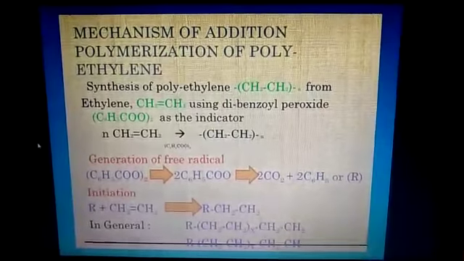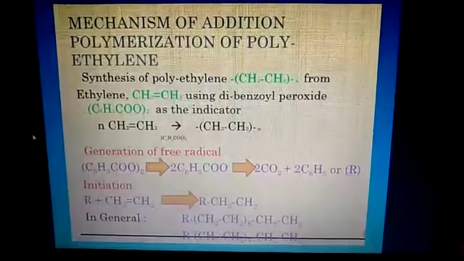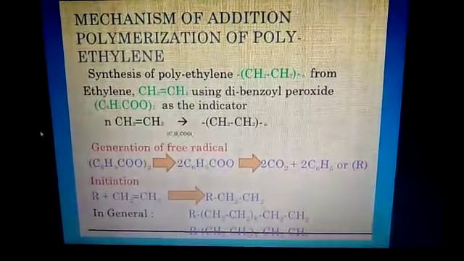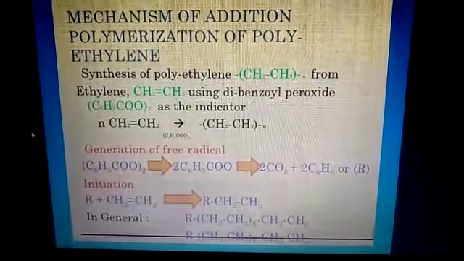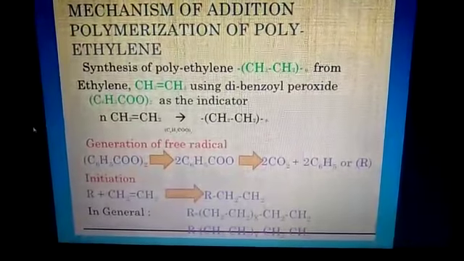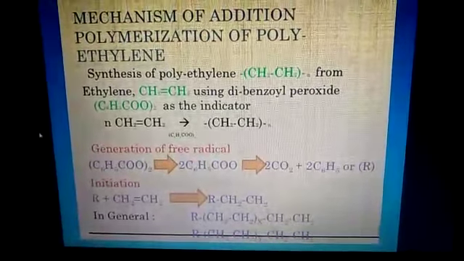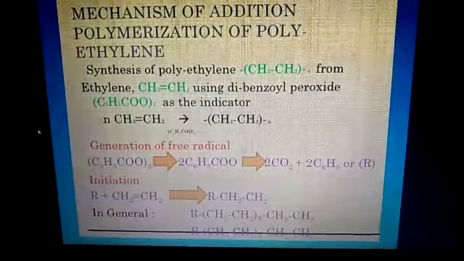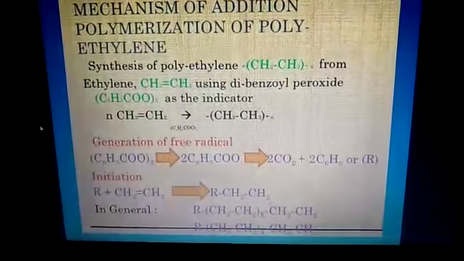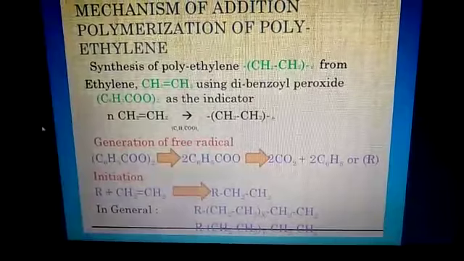Now in chain initiation, the benzoyl peroxide changes into benzoyl free radical, which is able to generate phenyl free radical. This phenyl free radical reacts with alkene and changes into a bigger free radical.